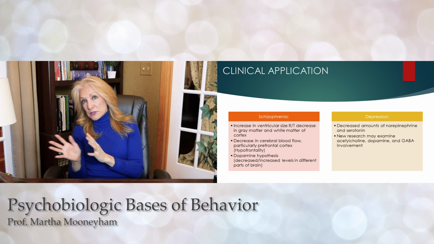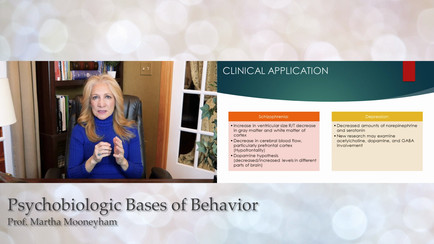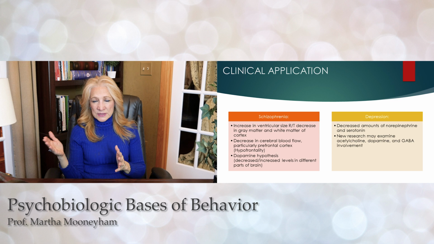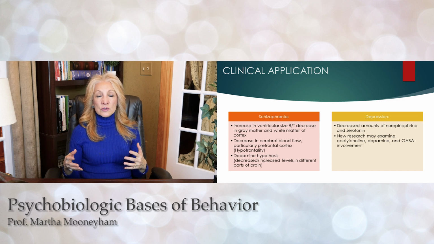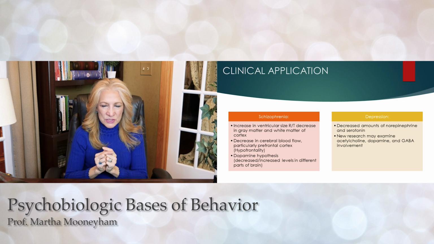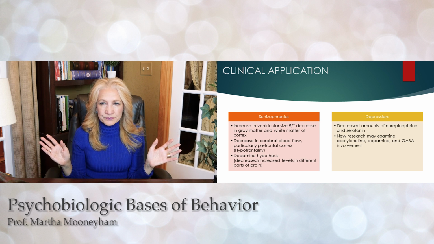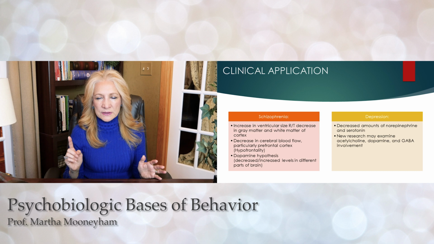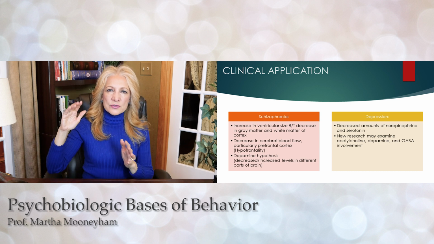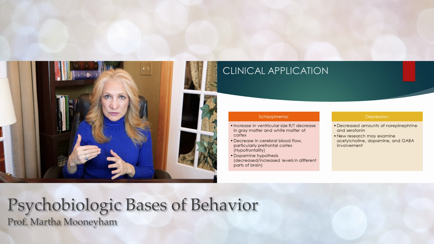There's also the dopamine hypothesis. The more we study schizophrenia over time, we have found that we used to think that schizophrenia was just a lack of dopamine. No, too much dopamine. And so we started producing medications to decrease the levels of dopamine.